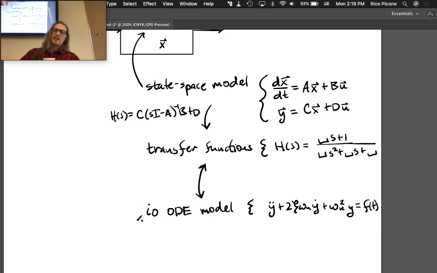Another place that some maths will come in is in this IOODE model. If we have it in this form, we want to be able to solve it in terms of whatever method we choose, but typically the method of undetermined coefficients is how we would solve this. And this is what we did last semester, right?